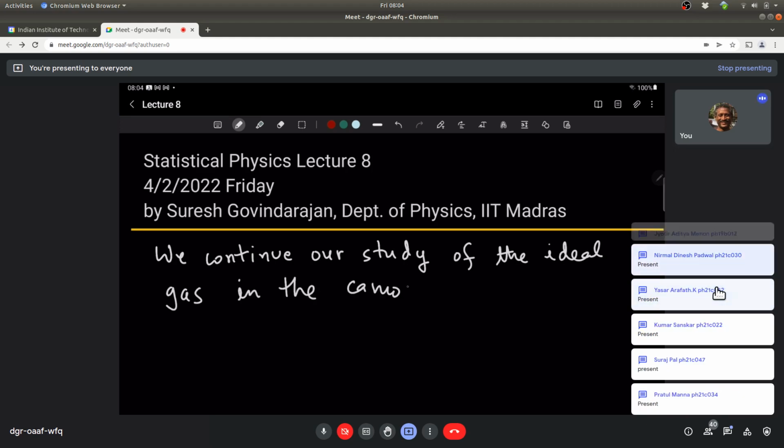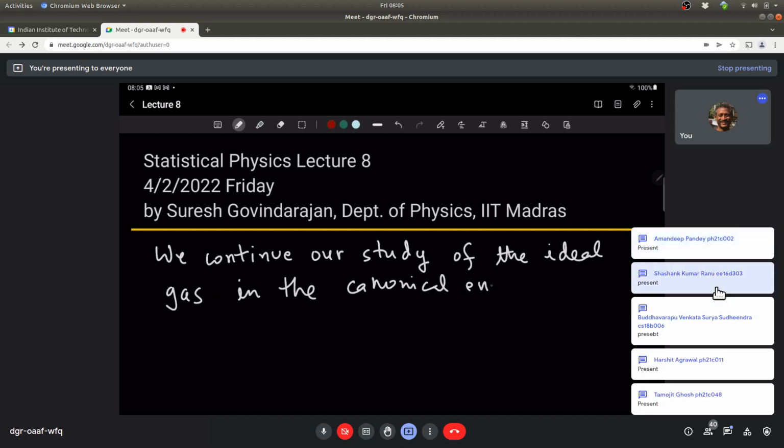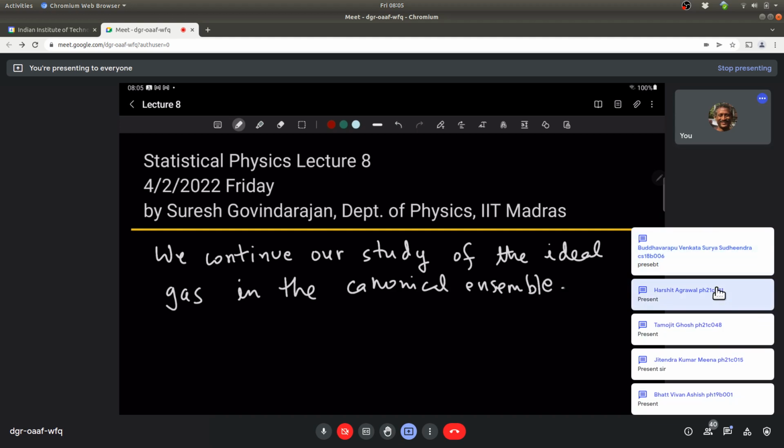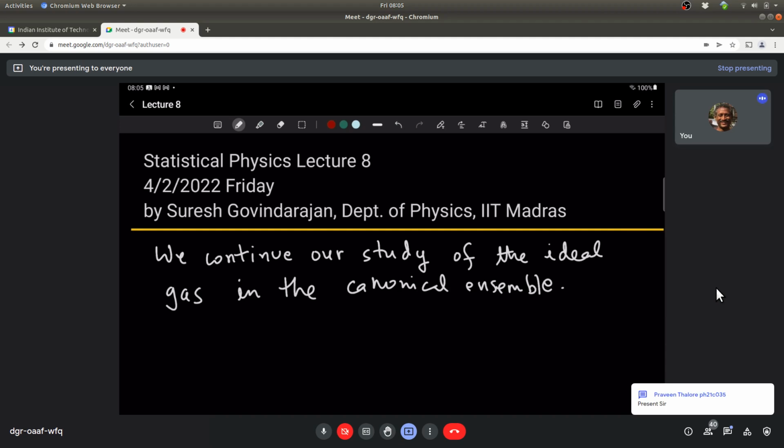I keep using these words so that you get familiar with it. When I say canonical ensemble, the picture you should have in mind is your system in contact with a heat bath at some temperature T. So that gives you one parameter, and that's about it. That's all we need to know about the system.